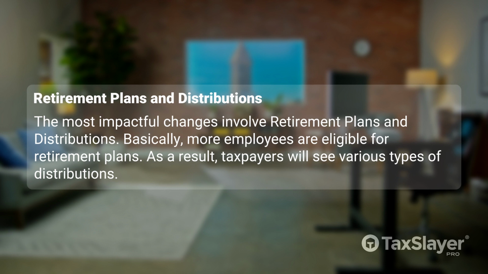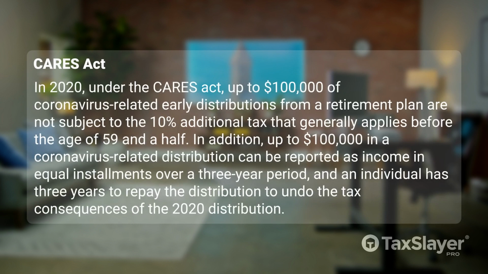The most impactful changes involve retirement plans and distributions. Basically, more employees are eligible for retirement plans. As a result, taxpayers will see various types of distributions. In 2020, under the CARES Act, up to $100,000 of coronavirus-related early distributions from a retirement plan are not subject to the 10% additional tax that generally applies before the age of 59 and a half.